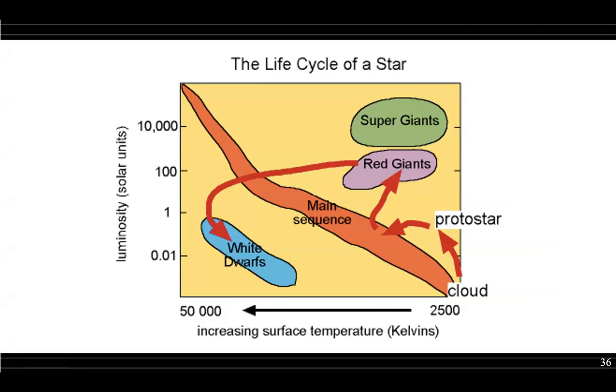And then gradually the outer shell is lost and you only have the core left, and that is the white dwarf stage. So the main sequence, then you move to the right, and then you come to the left. Remember in astronomy, hot things are on the left over here, cold things are over here. So giants are cold stars, they are big and cold, while white dwarfs are small in size and they are hot stars.